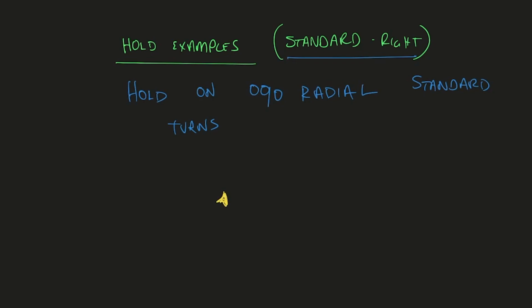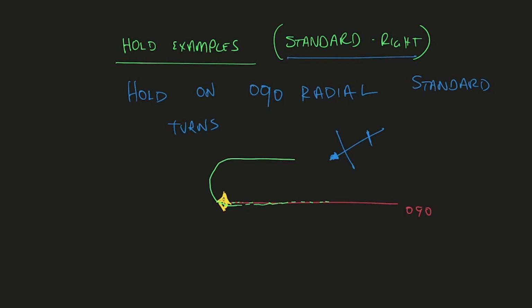It looks like this. You've got the VOR. We're going to do a top-down view. You've got the 090 radial, or the 090 line, emanating from the VOR. And this is where you are. Your standard right-hand turn on the 090 radial is going to look like this.